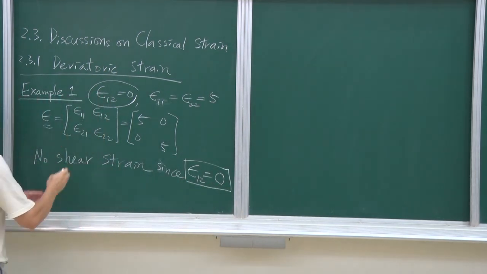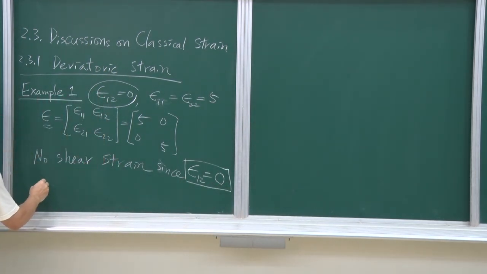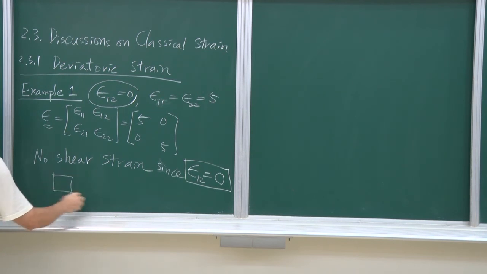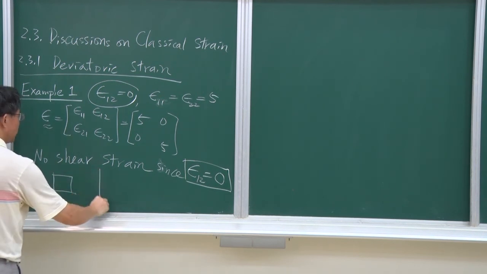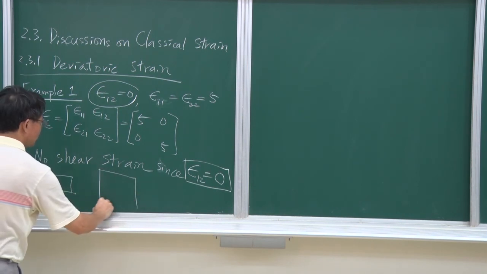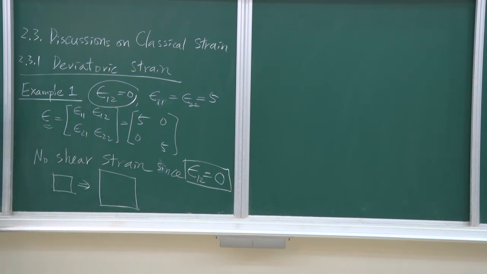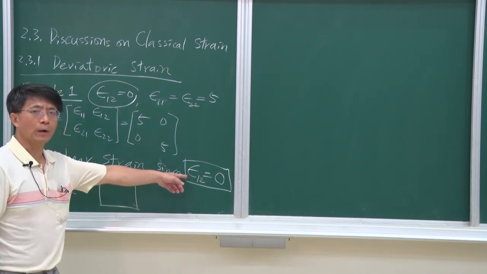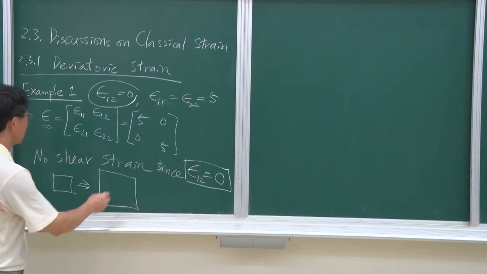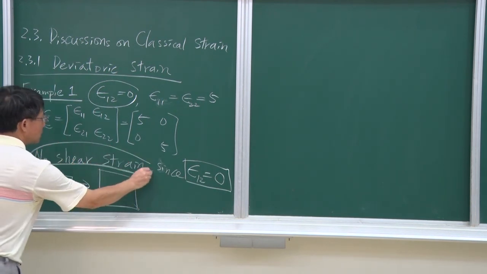And we have some normal strength like this, so the material will be deformed into a larger one. Like this. So this is the deformation. When ε12 equals 0, you say that there's low shear strength.